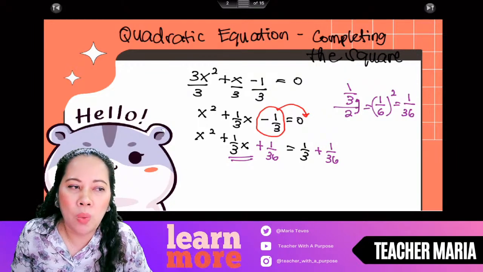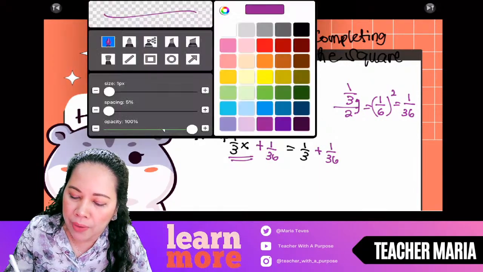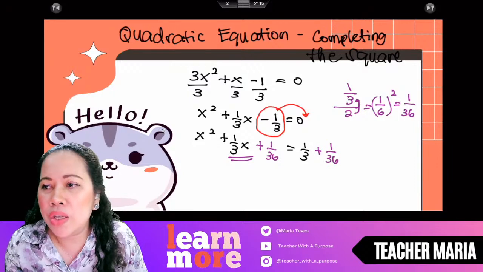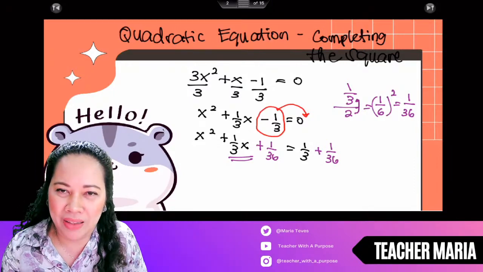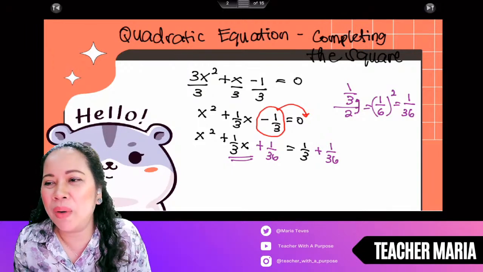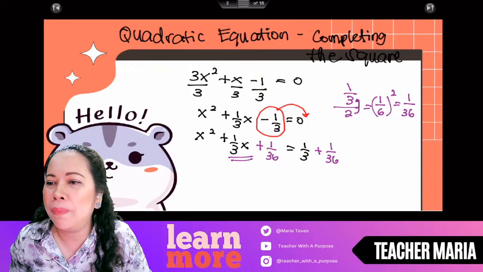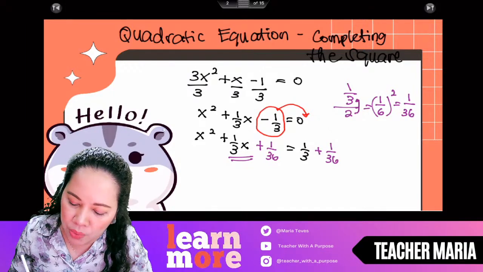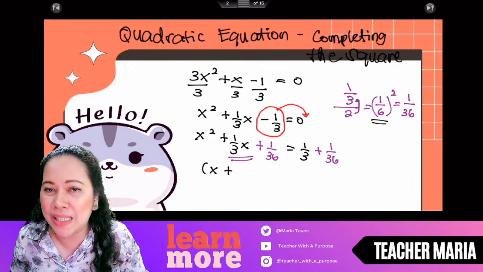Okay. Once you have added that, then you will factor this out. Once you have that, you have to find what is 1/3 plus 1/36. You have to find the value of that. So for the left side, this will be x plus, again, the quotient that you have, which is 1/6.